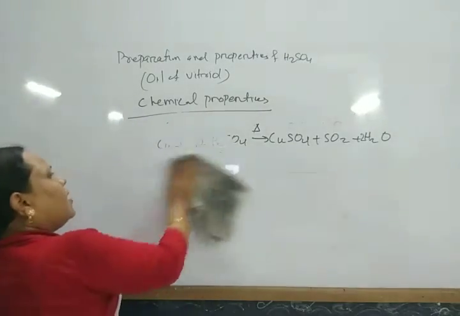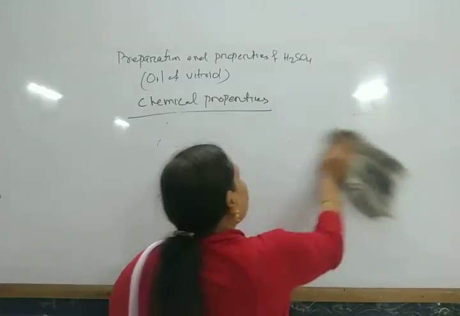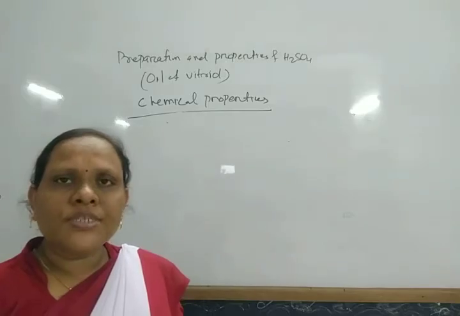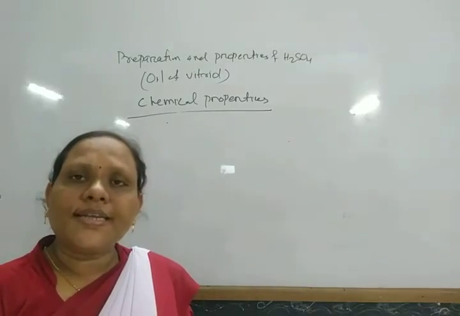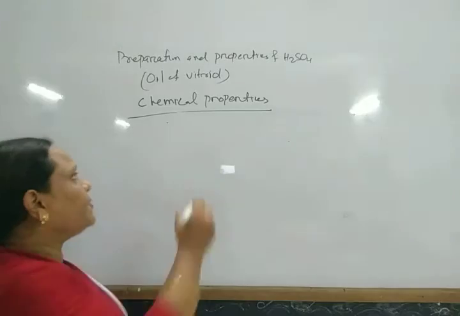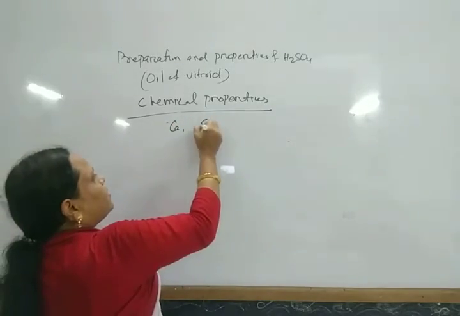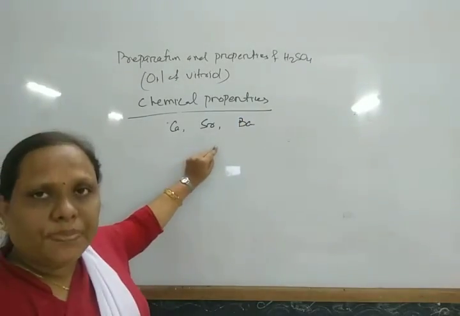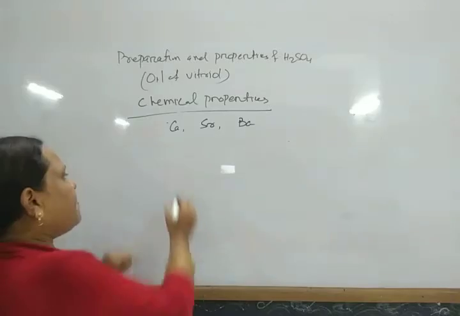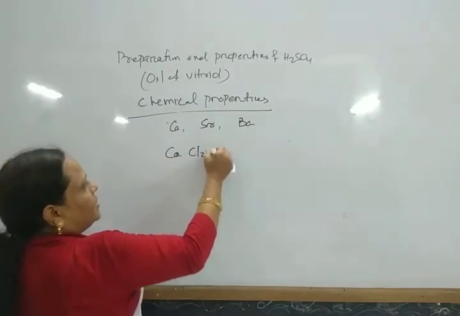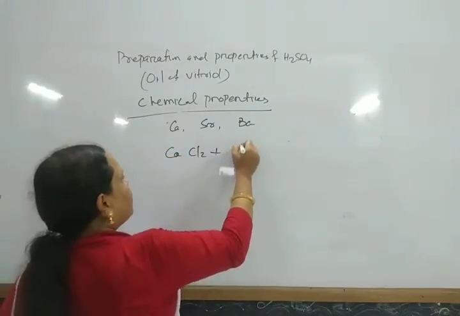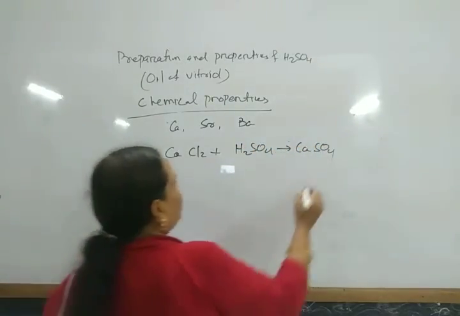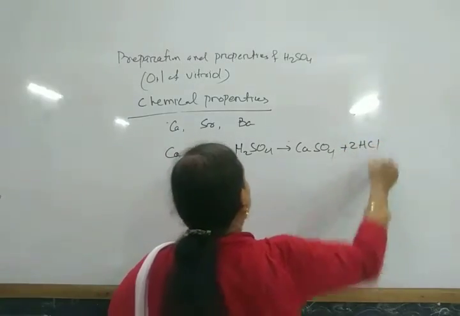Next, come to how it reacts with the soluble salts of calcium, strontium and barium. When sulfuric acid is treated with the soluble salts of calcium, strontium and barium, it forms a white precipitate. CaCl2 plus H2SO4 gives rise to CaSO4 plus 2HCl.